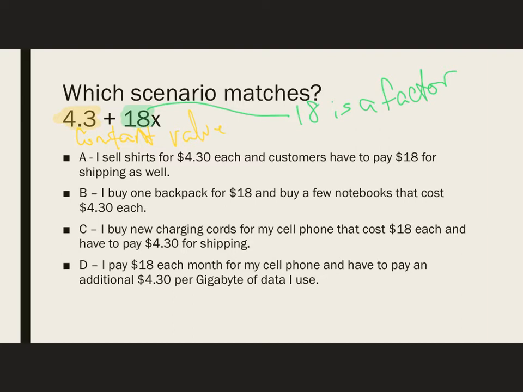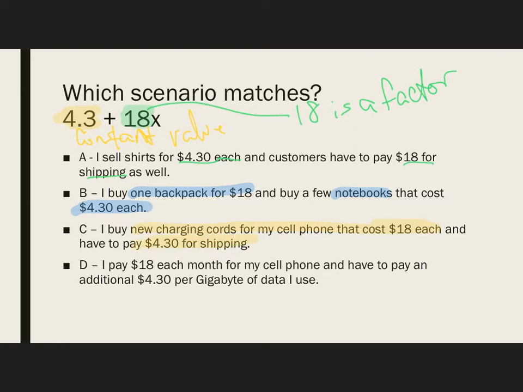A, I sell shirts for $4.30 each. Customers pay $18 for shipping. The next one tells us buy one backpack for $18 and notebooks that cost $4.30 each. C, I buy new charging cords for my cell phone that cost $18 each and pay $4.30 for shipping.